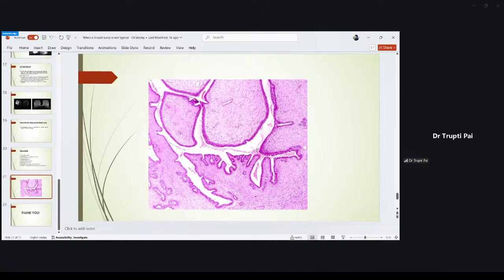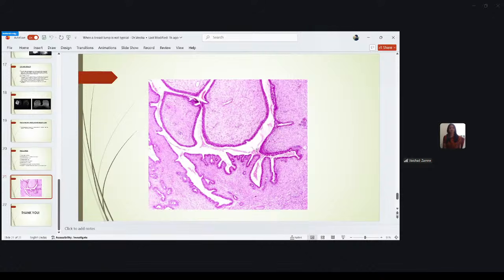Correct. And you must have seen that most of the time we give this differential and say that exact characterization is possible on the excision specimen. Absolutely. Because this is what we usually get: a fibroepithelial lesion, and the most probable differential, based on whether it is a stromal proliferation or epithelial proliferation, whether it is number one phyllodes tumor or fibroadenoma.